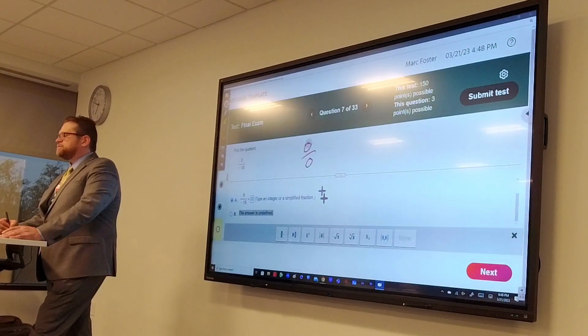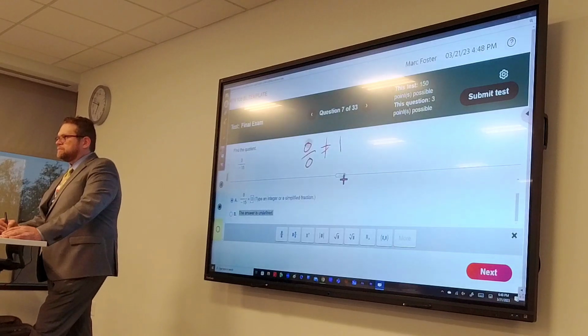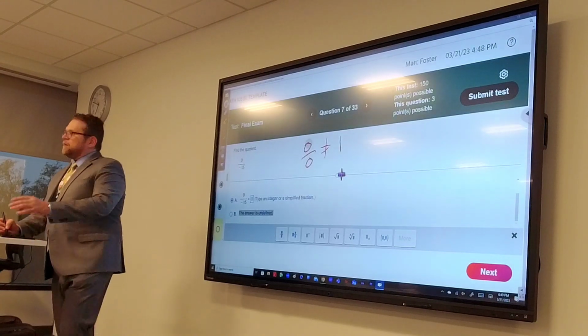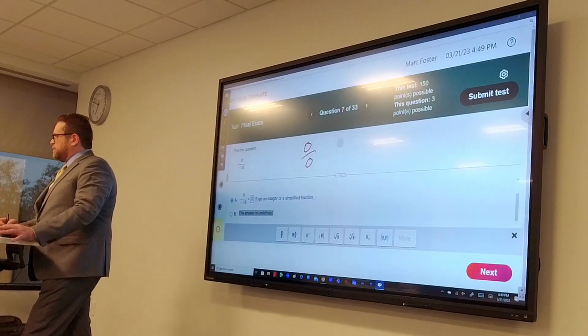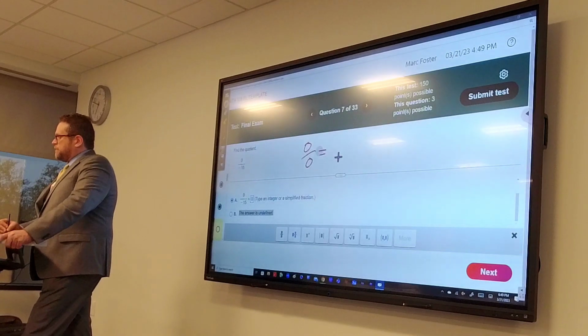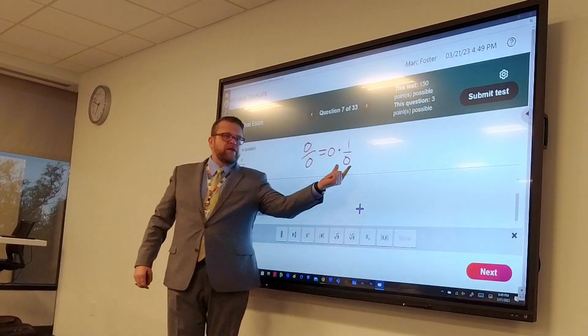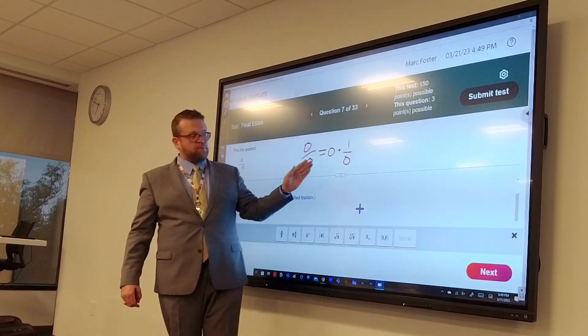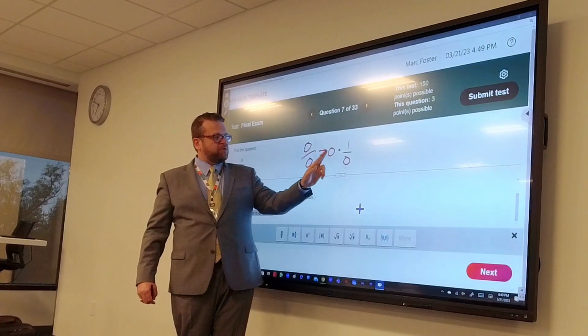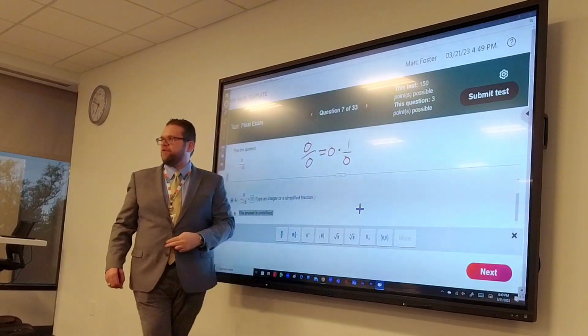What about this thing? That's 1. Here's how you know it's not 1 is because this really says, and this thing is undefined right here. Otherwise, it looks like it could be 1, but 0 is the only number that does not have a multiplicative inverse.